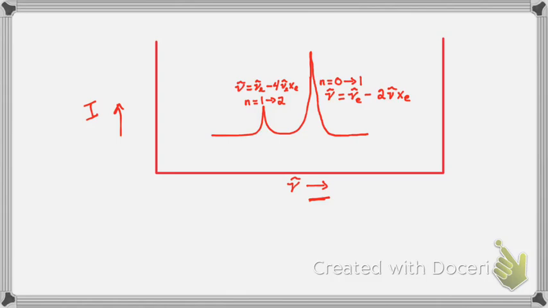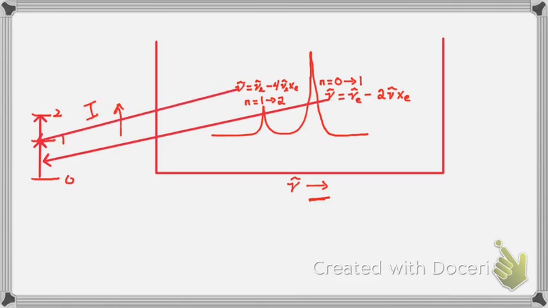And again, always note that the 1 to 2 transition is going to be lower in frequency than the 0 to 1 transition, because the spacing between the 0 to 1 levels is less than the spacing between the 1 to 2. So here we have again, this one corresponds to the 0 to 1 spacing, and the 1 to 2 transition corresponds to this equation.